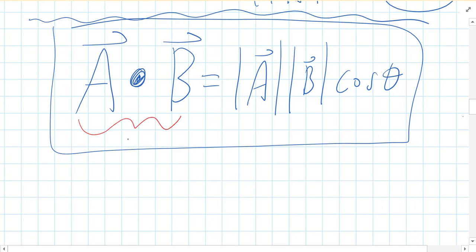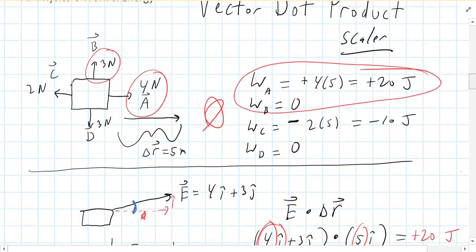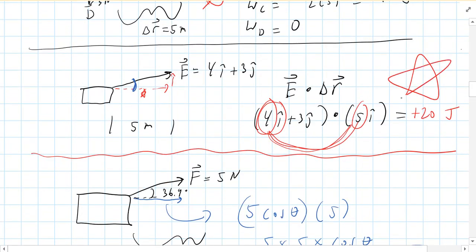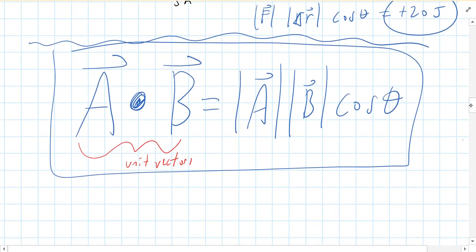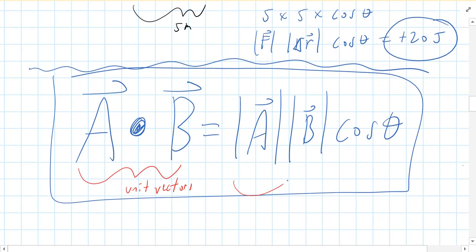In this half of the equation, you're going to use unit vectors. So that was like what we did right here, okay, that we used unit vectors. The second half of the equation is what we just did right there. We took the magnitude of A times the magnitude of B times cosine of the angle between them, okay?